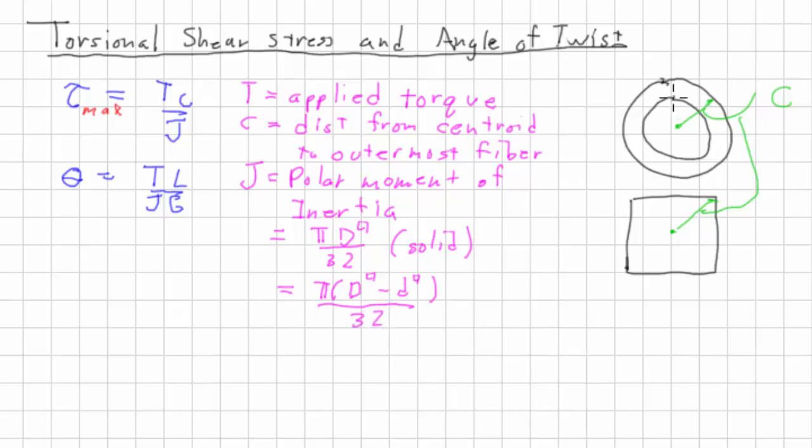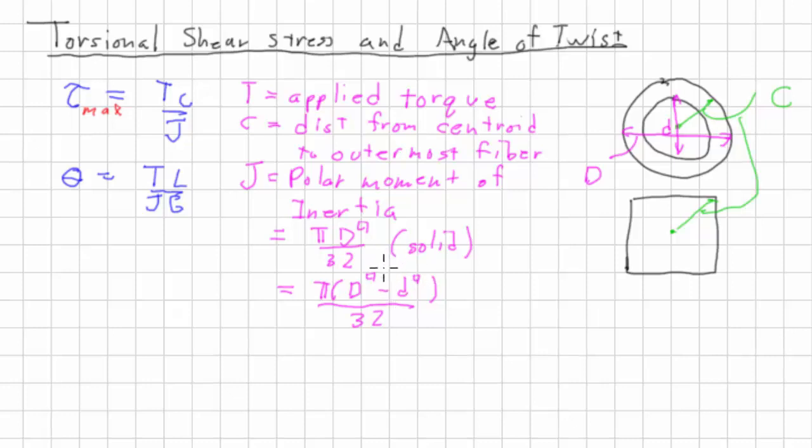So this is small d, and this is large d. That's the outer diameter. So these are to the fourth.